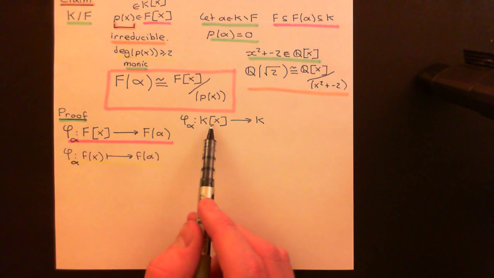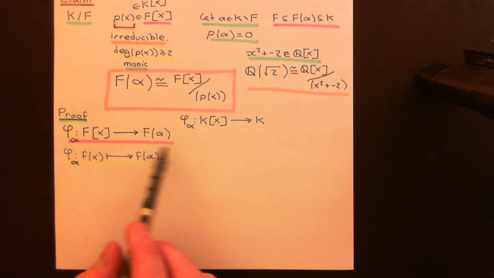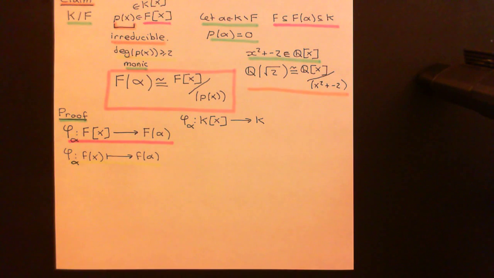Alpha is going to be an element of K. This looks more strange because we're evaluating our polynomials at some element that's outside of F. That's why this does look strange, so I need to argue this a bit more for you.